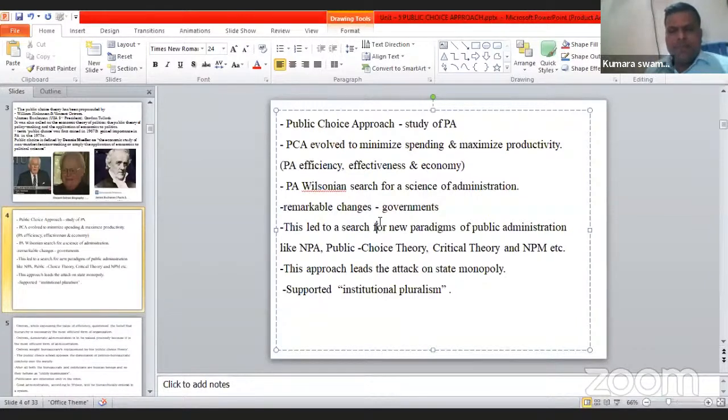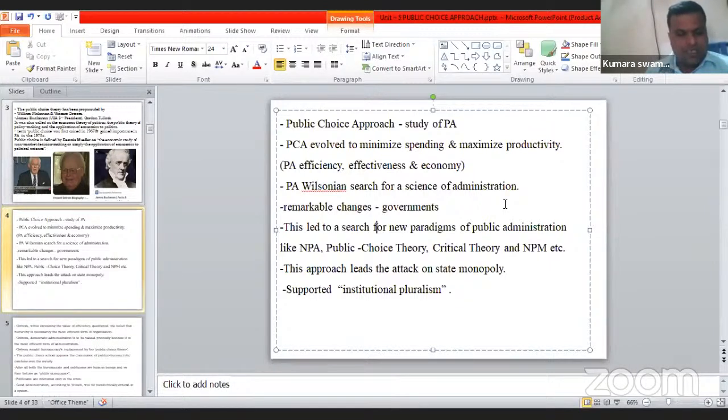Traditional public administration is focused on the 3Es: efficiency, effectiveness, and economy. Wilsonian public administration searched for the science of public administration.